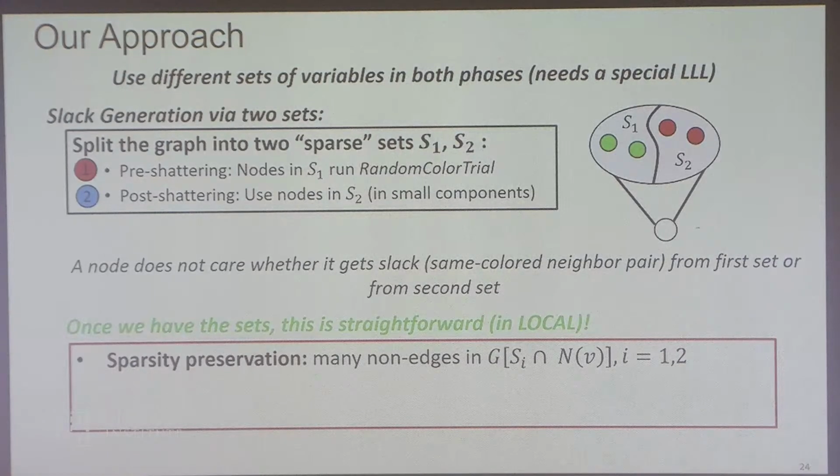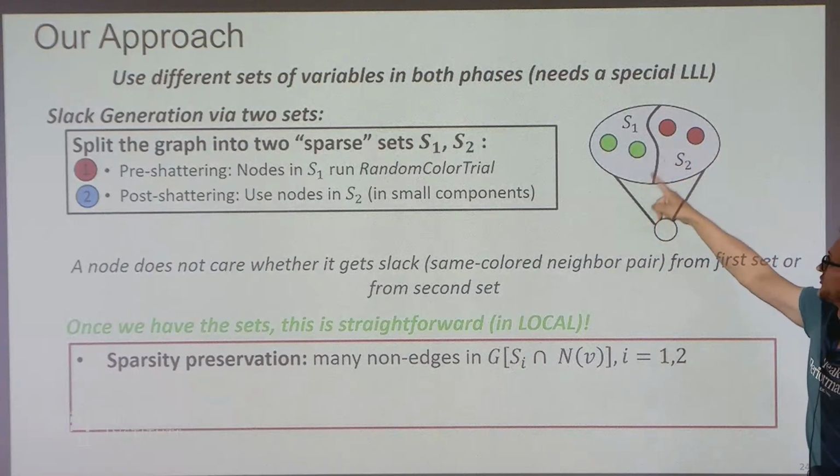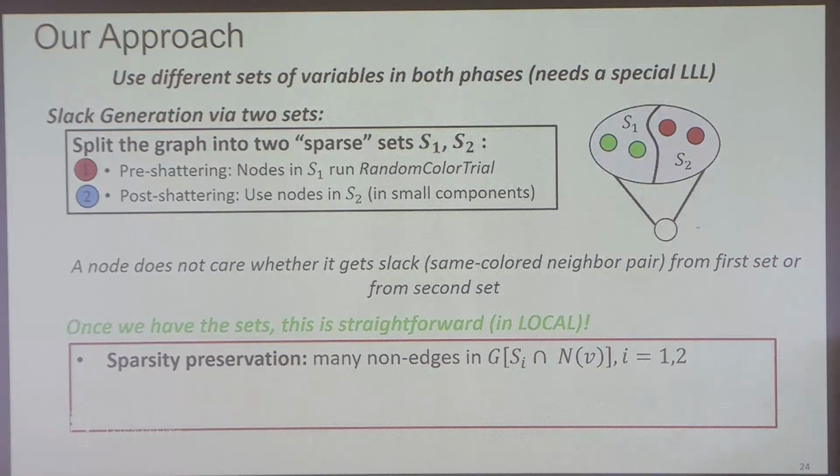One part that we need is that the graph induced in each neighborhood of these sets still needs to be sparse, because non-edges that go between the parts essentially don't help you here. So what you need is that these sets still preserve the sparsity.